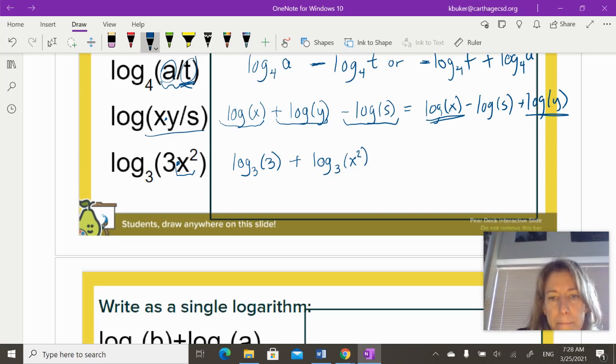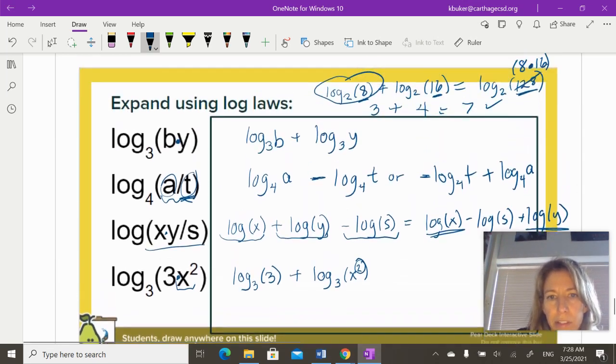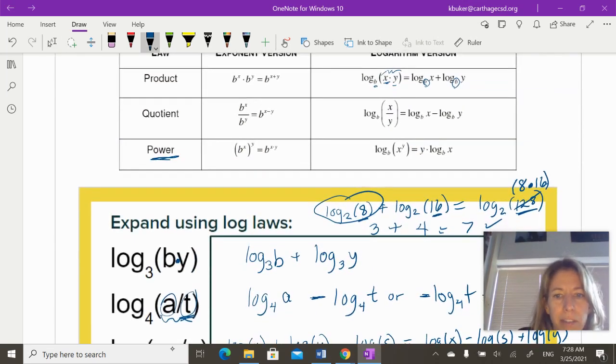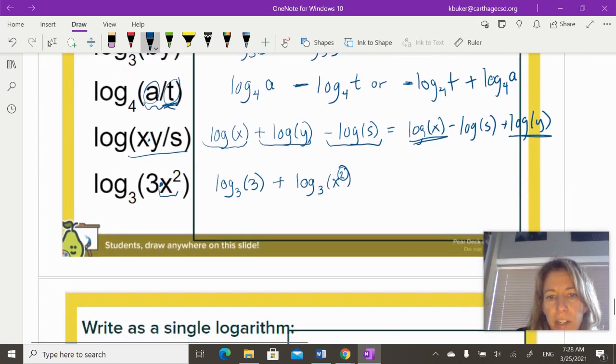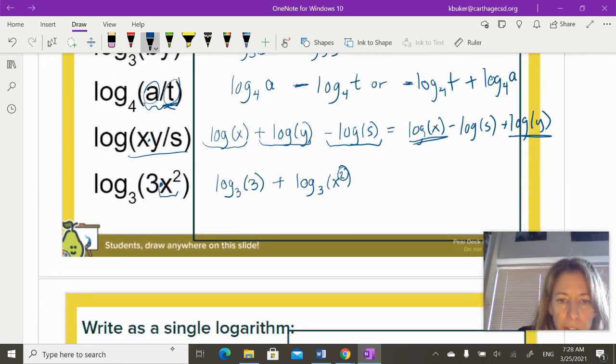Now any input that has an exponent, we can use what is called the power law. If our input has an exponent, we could bring it out front and it turns into multiplication. So this 2 is going to come out front, and it's 2 times log base 3 of x.